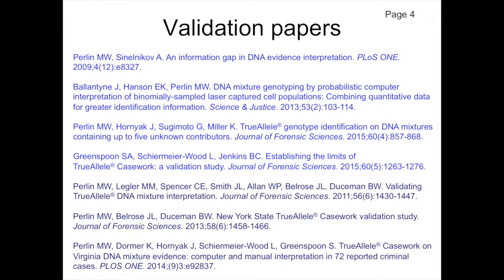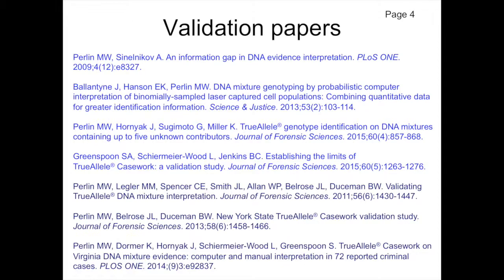The first 4 papers that we published, and actually the 4th one is published by an independent group in Virginia, are testing the TrueAllele system on samples of known composition that are made in the laboratory. So we kind of know what the answers are supposed to be in terms of who's there and who's not there. And these papers go out to 5 unknown contributors.